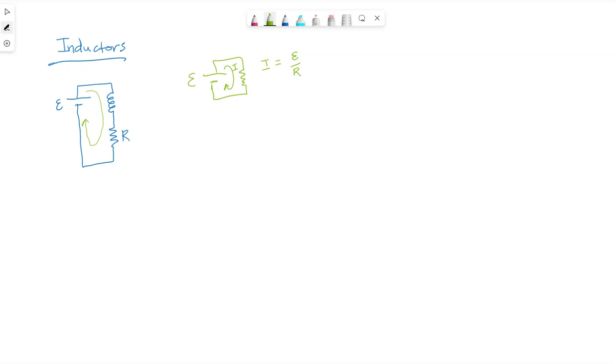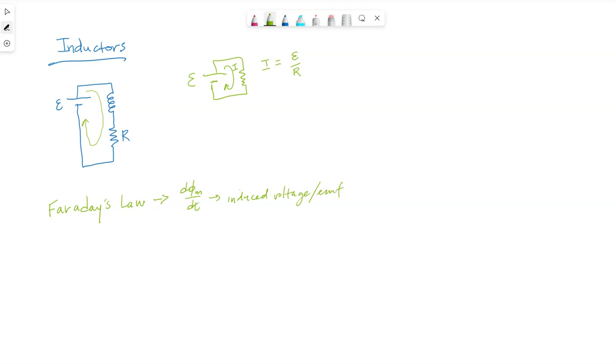So it initially had no magnetic flux. But we know Faraday's law tells us that if the magnetic flux through a conducting loop changes, then we get what's called an induced voltage, or EMF.